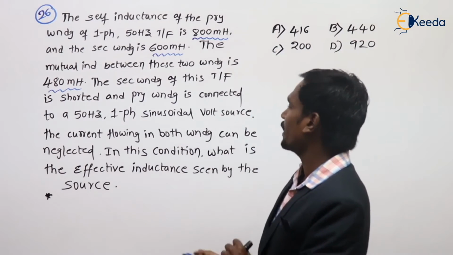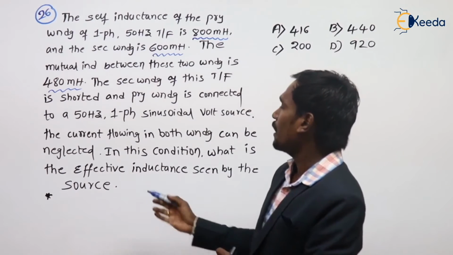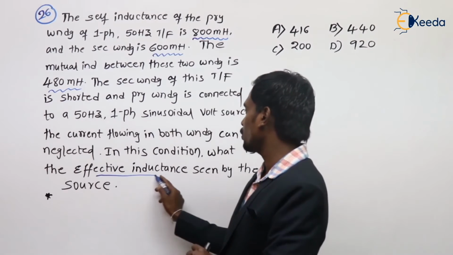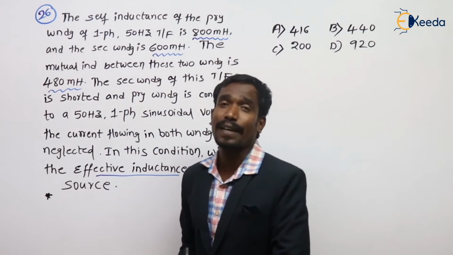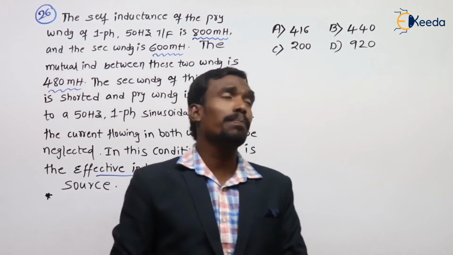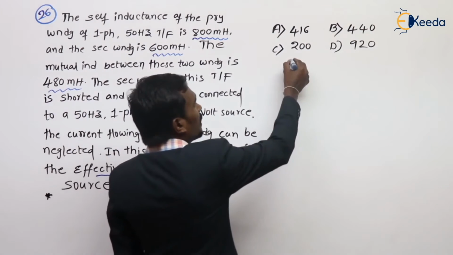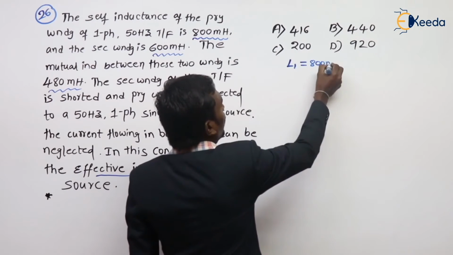In this condition, what is the effective inductance? They want the effective inductance seen by the source. This is the question. What is given? L1 is equal to 800 millihenry.